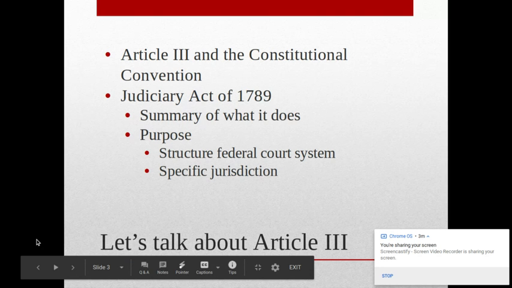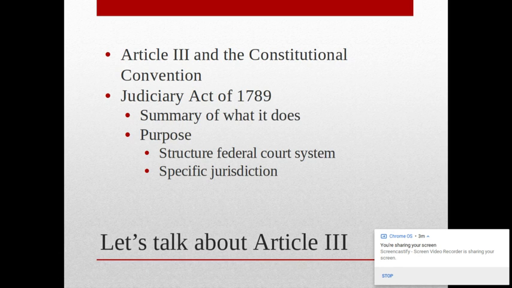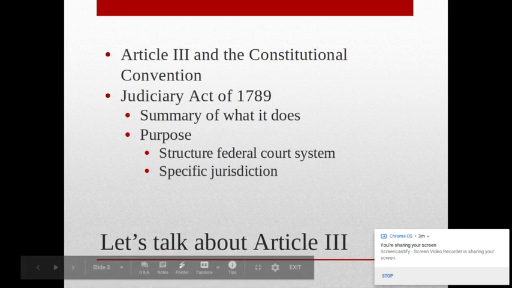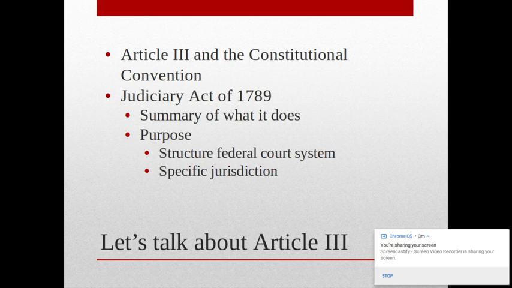And that law establishes a complete system of lower courts that would interpret and apply federal law. So it has a holistic bottom-up court system, and I'm going to explain what that means shortly, that examines law and applies law and decides whether something is legal or not.